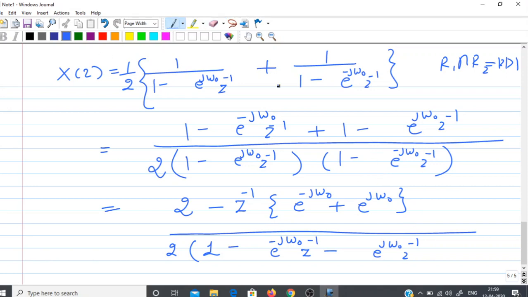So now I combine these terms. In the denominator, when we multiply we get plus z to the power minus 2. And if we further simplify this expression, what do we get? We get X(z) equals what?